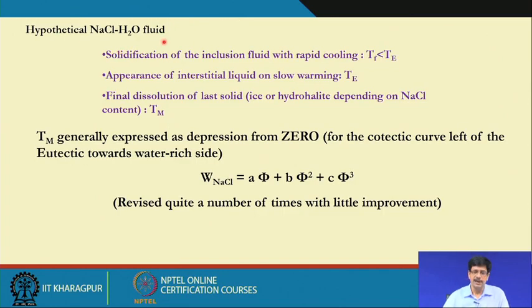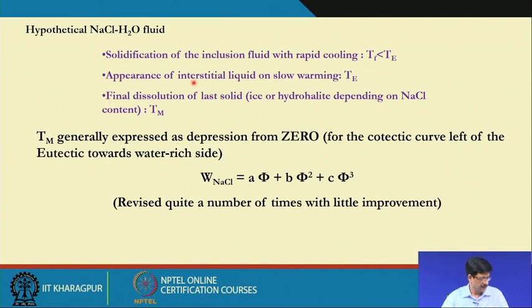So, in a hypothetical NaCl-H2O fluid, the solidification of the inclusion fluid will be rapid with rapid cooling, which means the temperature at which it will be completely frozen, which you can represent as Tf, will be much less than Te, the eutectic temperature in the binary.